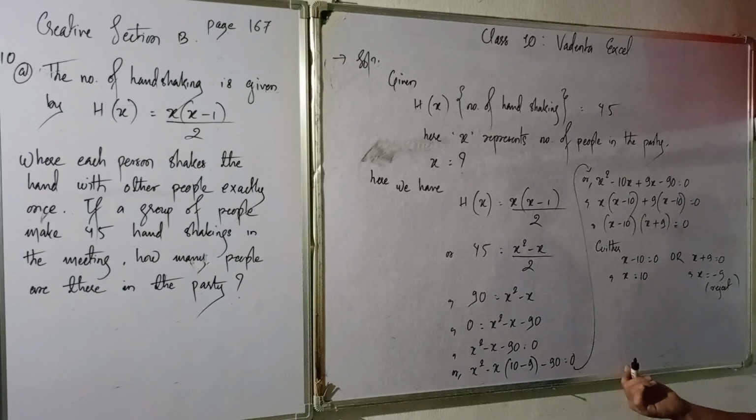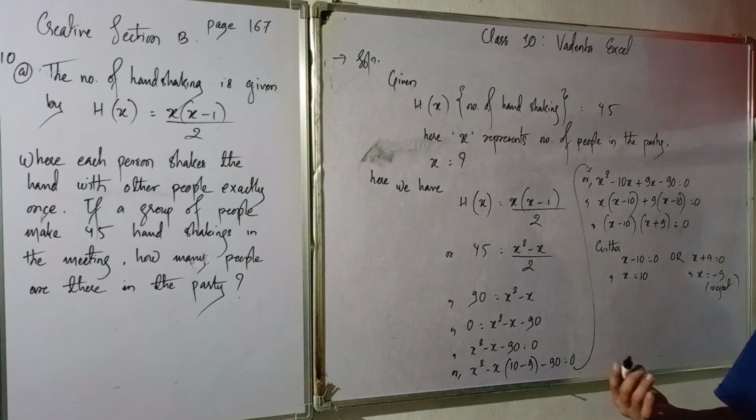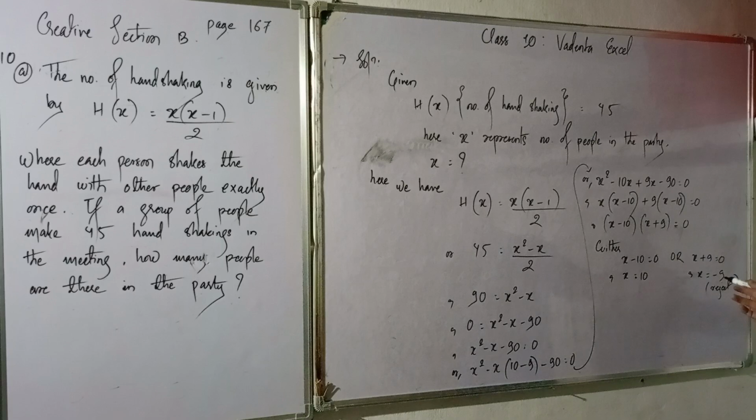For example, you never heard that there are minus 3 people there. So we reject x equals minus 9. Here x equals 10, we accept this.